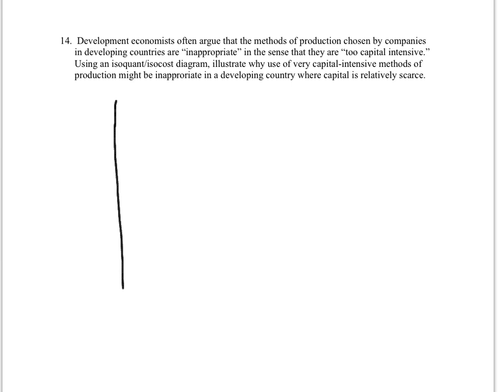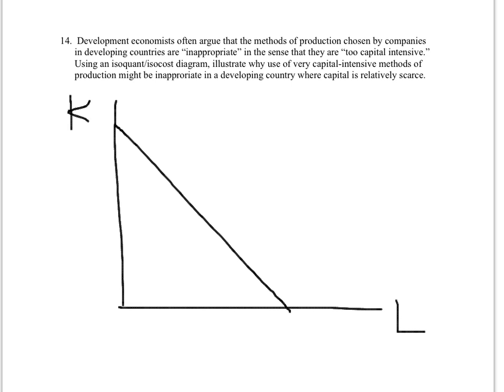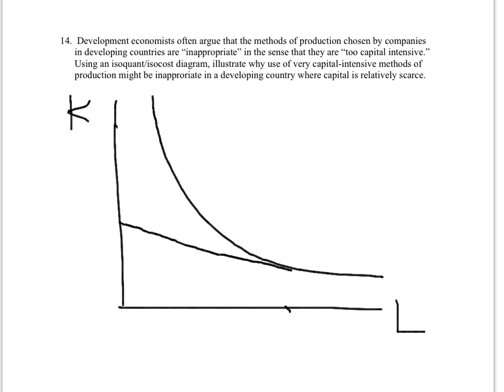Well, the main idea is that in a developing country, the cost of labor is probably going to be very low, meaning that if you have to produce a particular unit of output, say like this, they should probably produce somewhere around there. Use a lot of labor and very little capital.